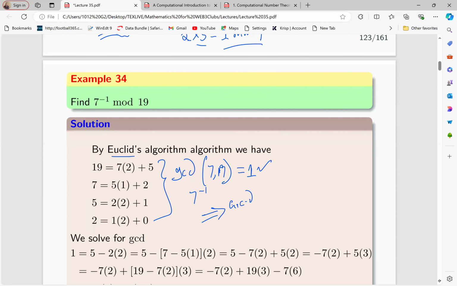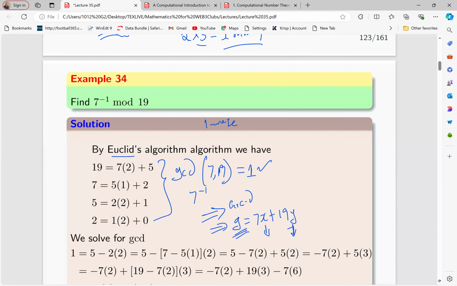And of course, after calculating the GCD, write that GCD in terms of the elements 7 and 19. So find the values x and y so that 7 times x plus 19 times y gives you the GCD. So that function must be there to find the GCD. And then you must have a function to do the inverse.